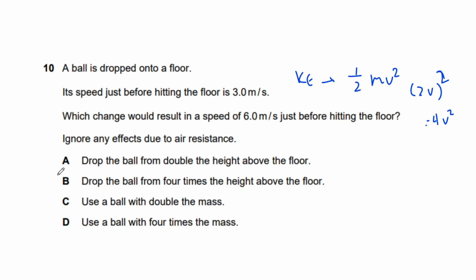So we need to increase the gravitational potential energy, because it is going to be the source, since it is dropped from a height. So GPE has to be increased by 4 times. So drop the ball from double the height? Double won't be enough. It has to be 4 times the height above the floor. So B.